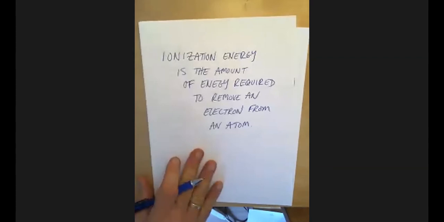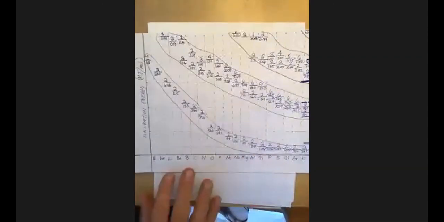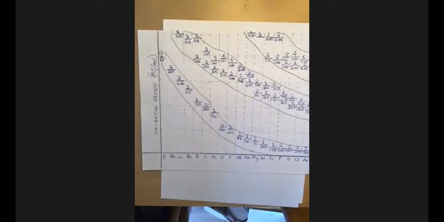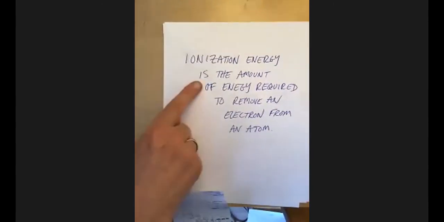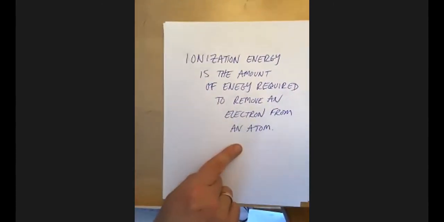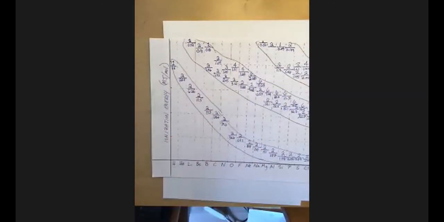And for what it's worth, we've been doing this since day 2 or 3 of the course, because when we do the photoelectron spectroscopy experiment, we're trying to find out how much energy it takes to remove an electron from all of these orbitals. That's the amount of energy required to remove an electron from an atom. We were ionizing each one of those atoms.